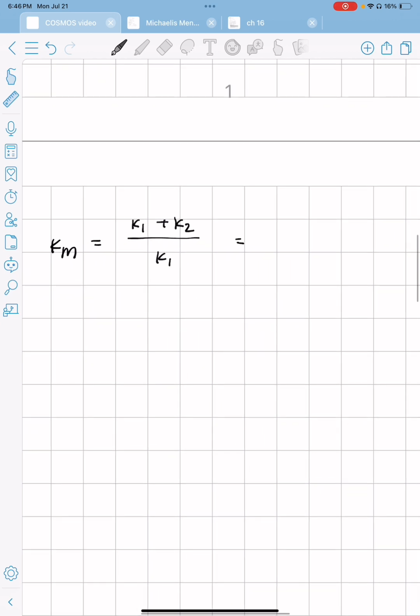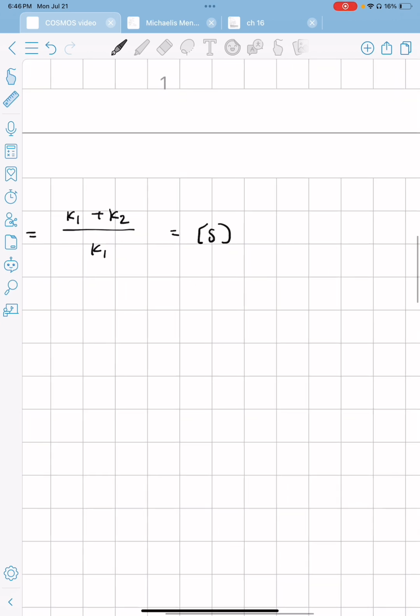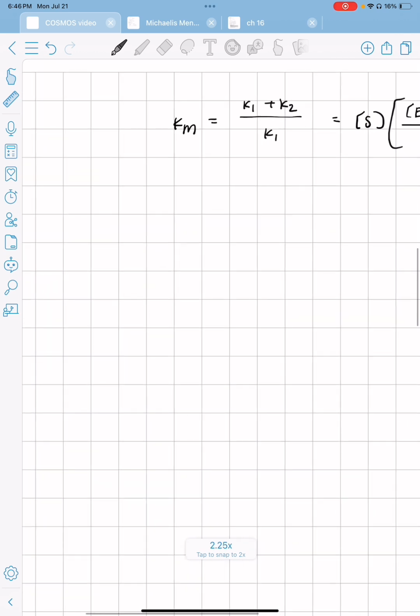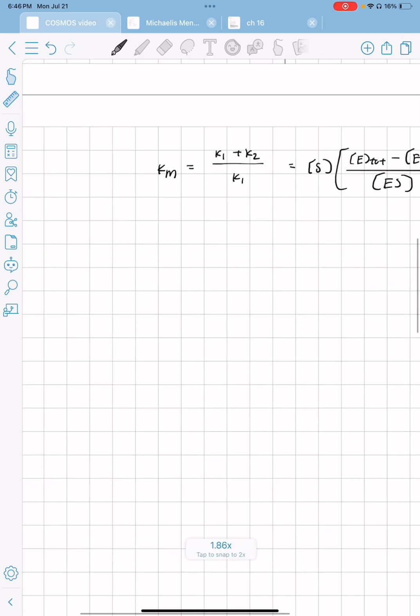It's also equal to substrate times total concentration of enzyme minus enzyme substrate complex, divided by the concentration of enzyme substrate complex.